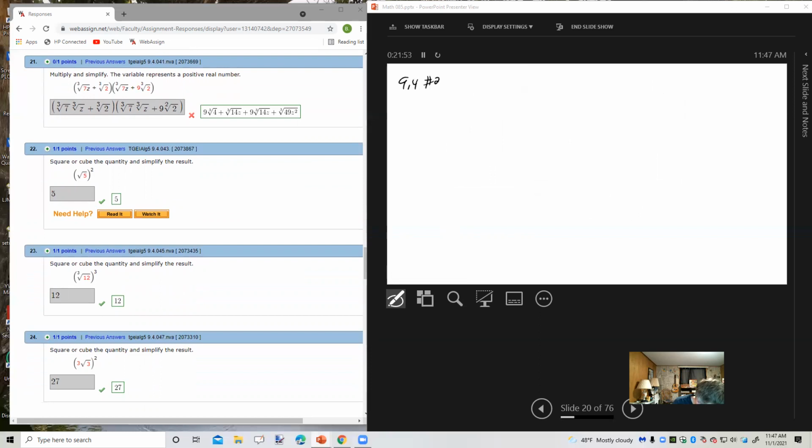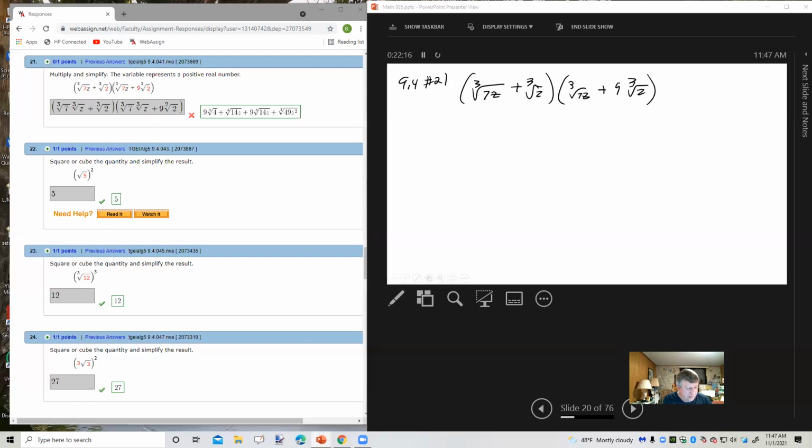9.4, number 21. And we've got the cube root of 7z plus the cube root of 2 times the cube root of 7z plus 9 cube roots of 2.